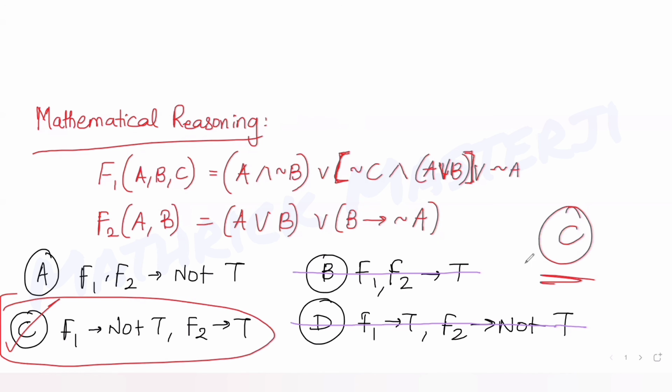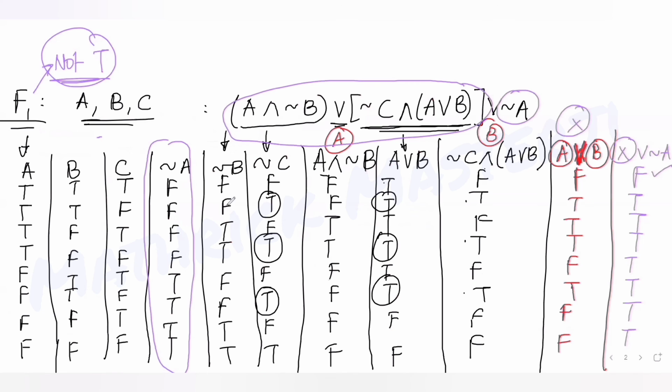I hope you have understood how to solve this type of questions, which deals with the ideas of finding the truth values of the statements. So for the statement 1, I have this entire expression given. I found out by forming a truth table that the last column was entirely not true. 7 of the possibilities out of 8 were true, but the last one was a false statement.